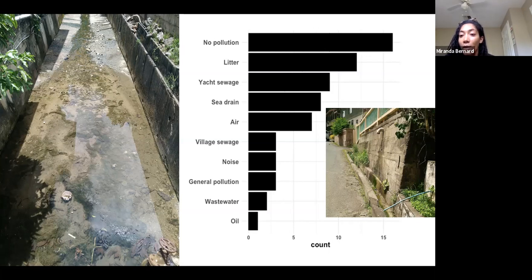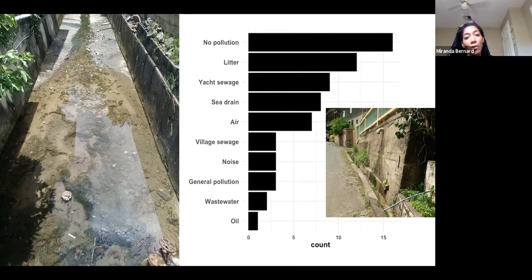So we may be polluting the area, littering, things like that, but there's someone there to clean it up, government workers, so that there's really no pollution. That is interesting, and a difference between some people in the community about how we're understanding pollution and what that means.